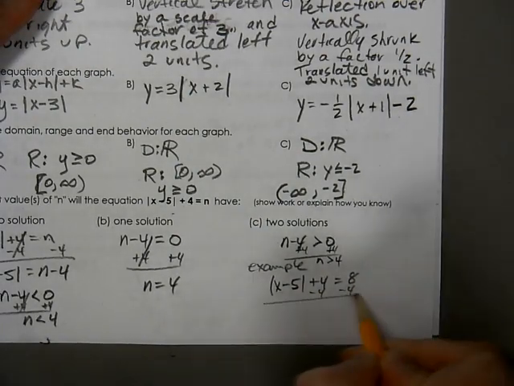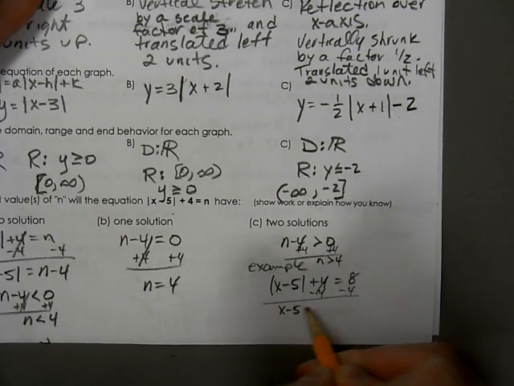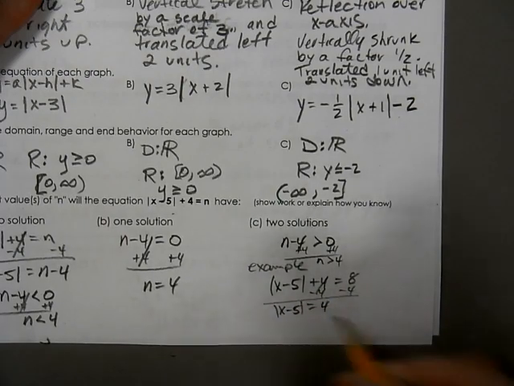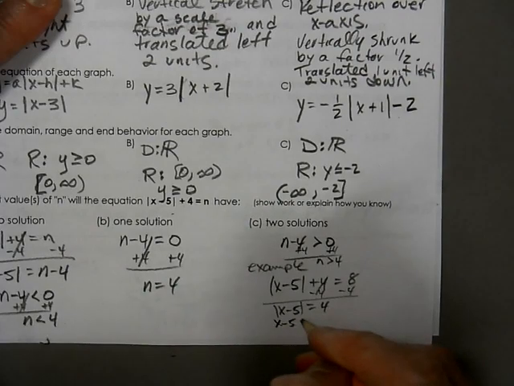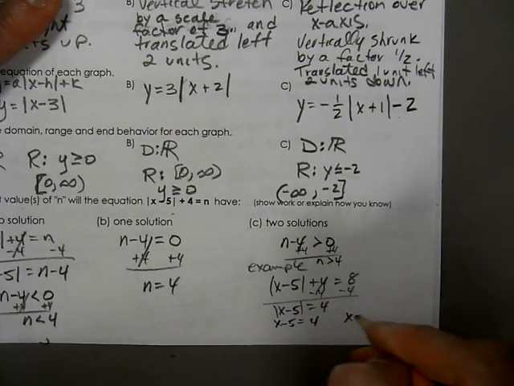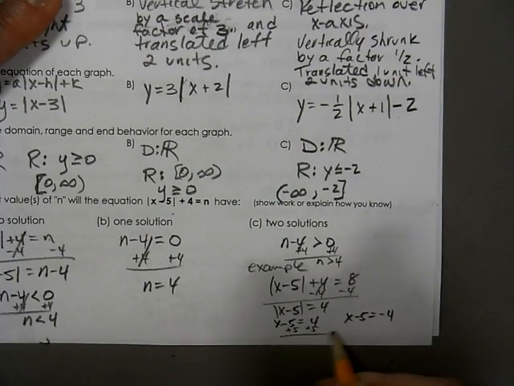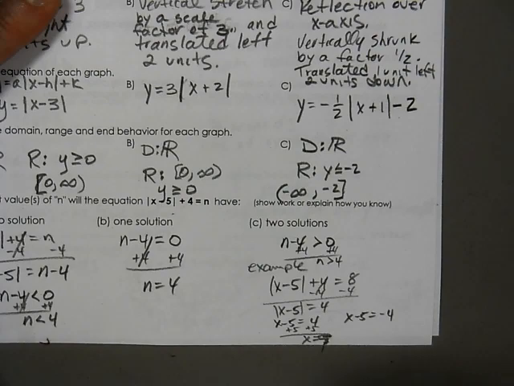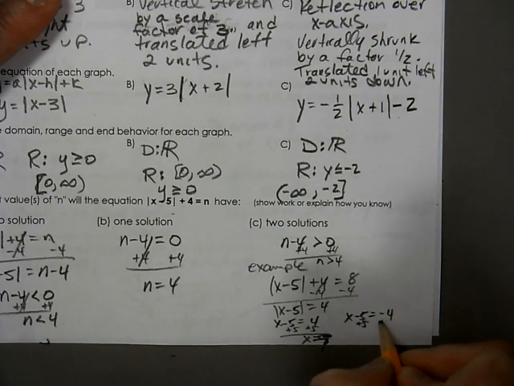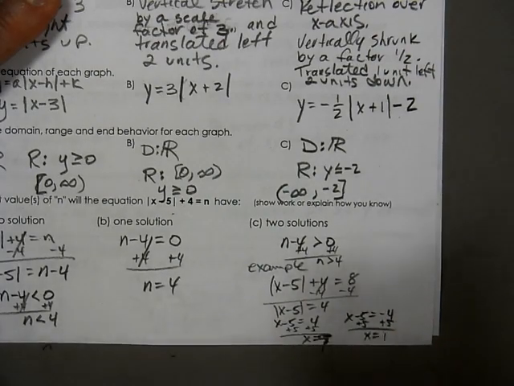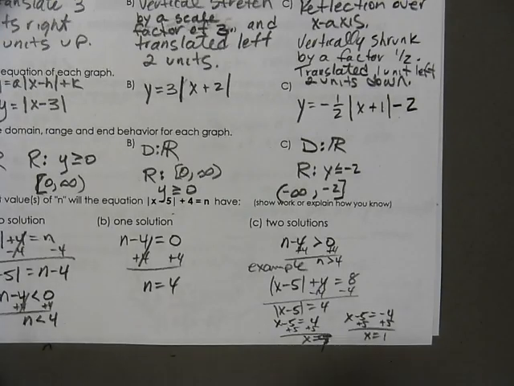So minus the 4 across. And then x minus 5 equals 4, and x minus 5 equals negative 4. By adding the 5 across, we get one answer, which is 9, and we get another answer, which is 1. So we get two different answers when your n value is greater than 4.